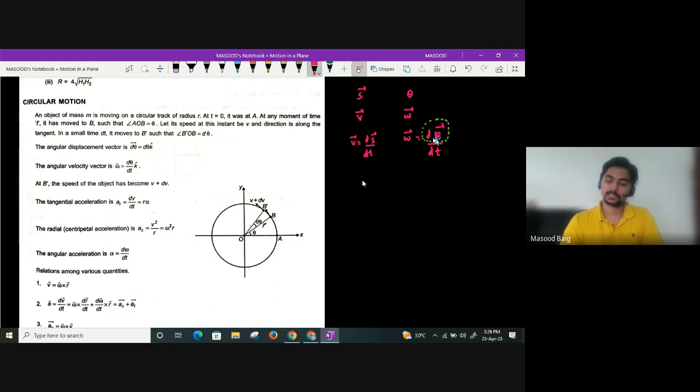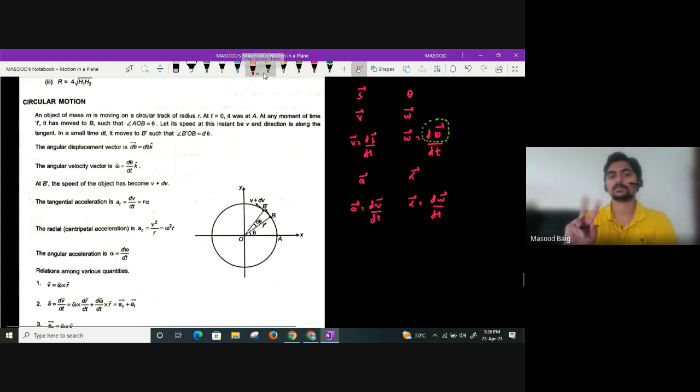In the same manner, here you have acceleration. Here you will have angular acceleration, beta. Just like acceleration is given as dv bar divided by dt, angular acceleration will be given as d omega bar divided by dt. Clear everyone? Yes or no? So always remember, whenever object performs circular motion, there will be two components of acceleration.